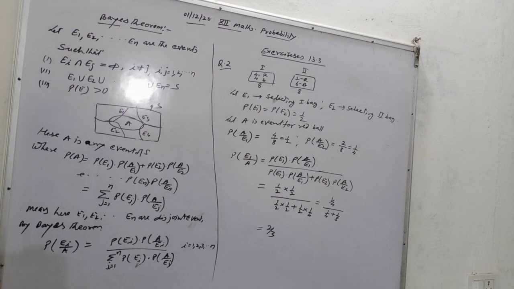P(E1/A) is P(E1) into P(A/E1) upon P(E1) into P(A/E1) plus P(E2) into P(A/E2), adding the total probability. Putting the values in the numerator and denominator and simplifying, you get 2 by 3.